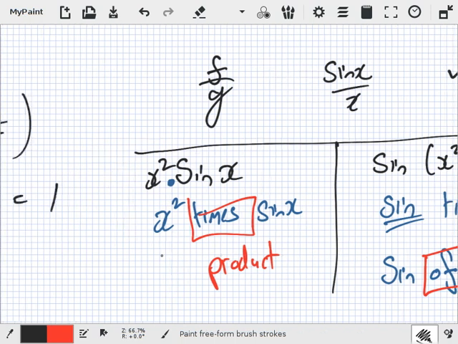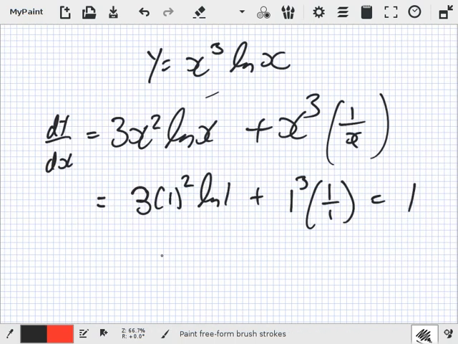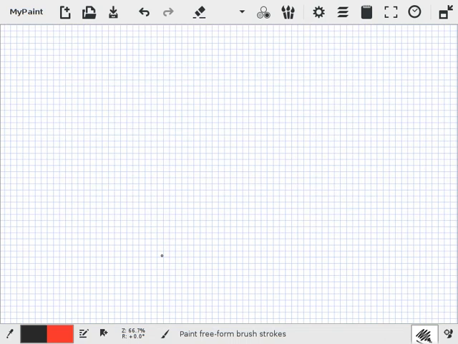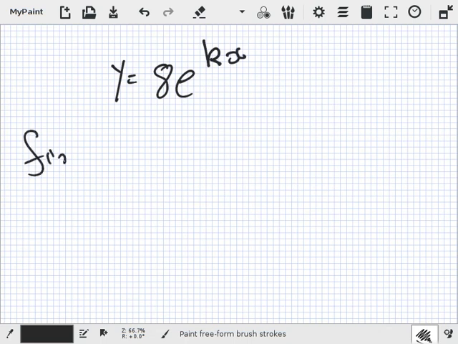I think that previous one is done. So let's go down. Okay, the next one now. y equals 8e^(kx), and we want to find k.